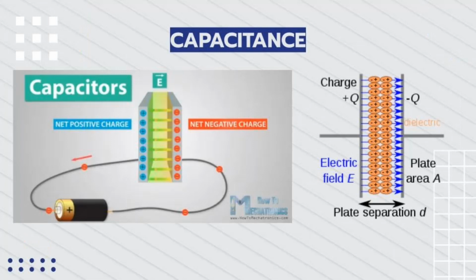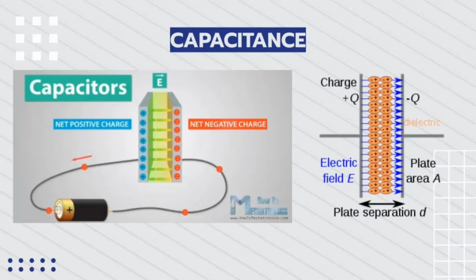So, how does capacitance work? It works by storing electrical energy in an electric field between two conducting surfaces, usually separated by an insulating material called a dielectric. When a voltage is applied across the plates, electrons accumulate on one plate, creating a negative charge, while the other plate becomes positively charged. This separation of charge creates an electric field between the plates, storing energy.